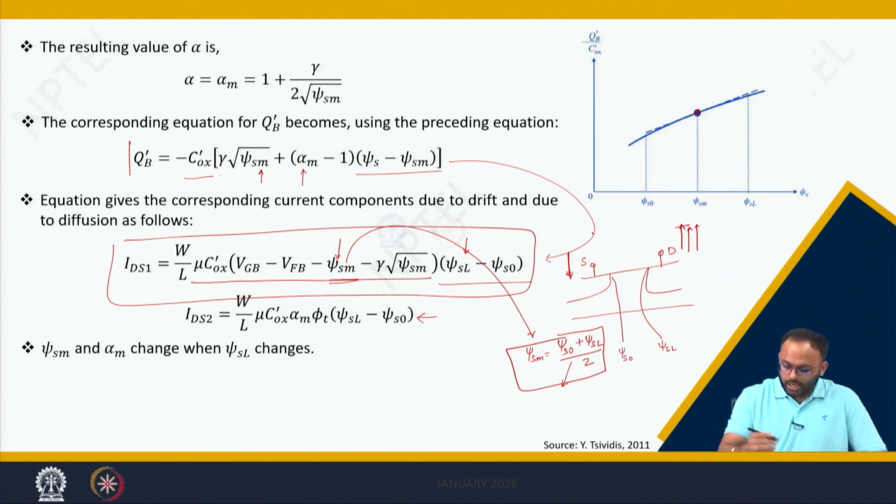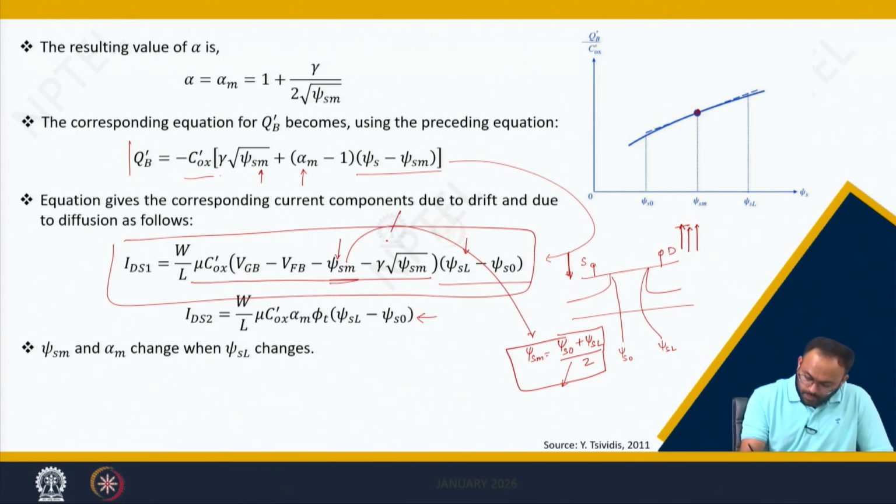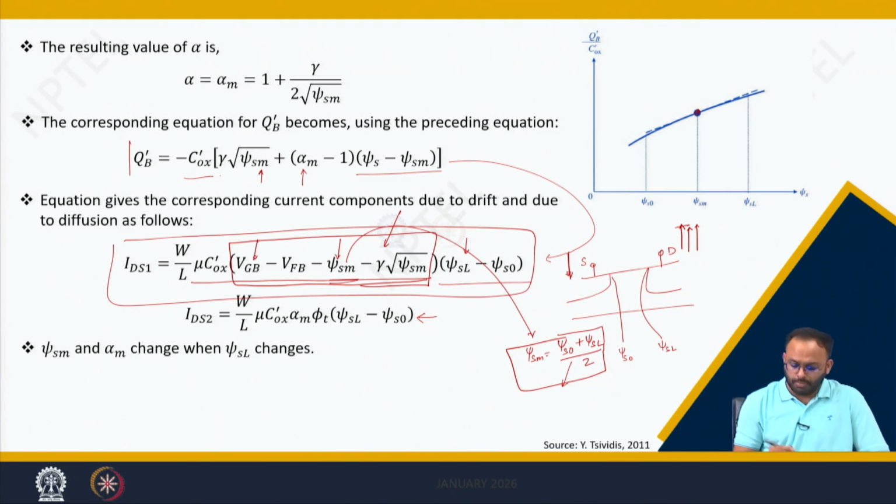horizontal field. Now, if you see this equation, this part of the equation is only governed by VGB, because as we mentioned, we are keeping a scenario such that this is constant. If this is constant, ultimately the value mentioned inside the parenthesis is only a function of VGB, whereas this is a function of the terminal voltage between drain and source.